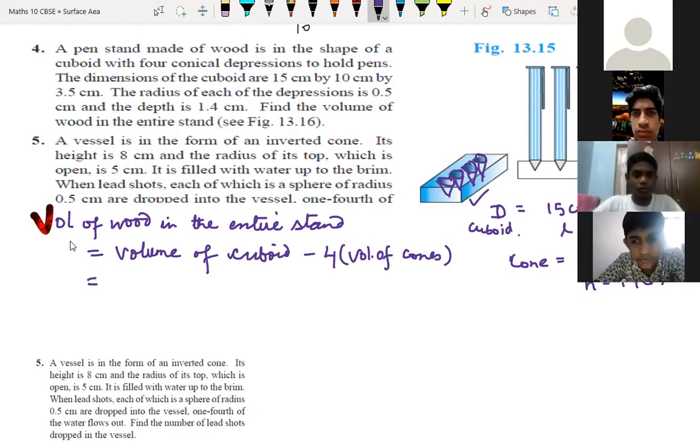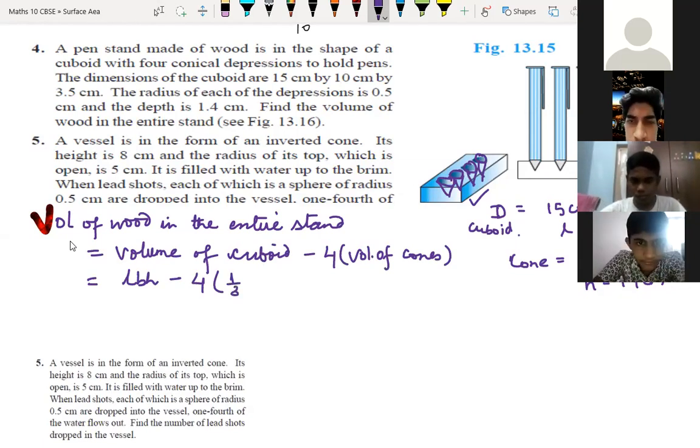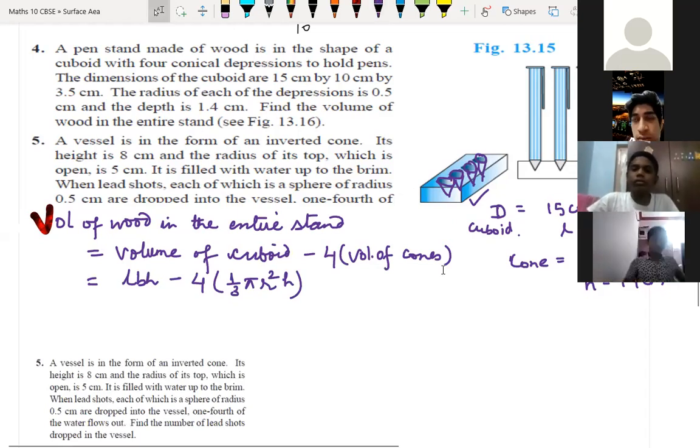So we can use here l b h minus 4 into volume of cone, 1 by 3 pi r square h. Everything is given, children. You can just put in the values and get the answer. Okay, sir. All right.